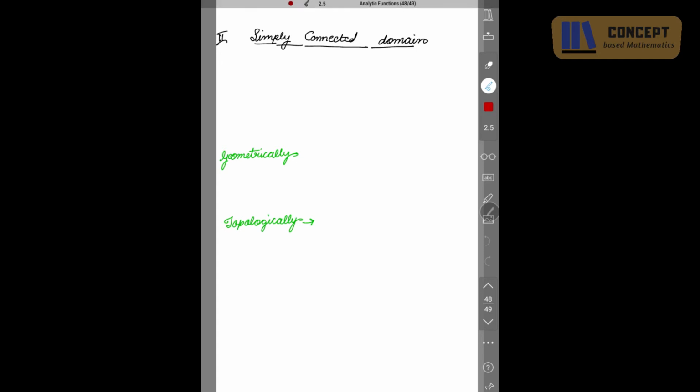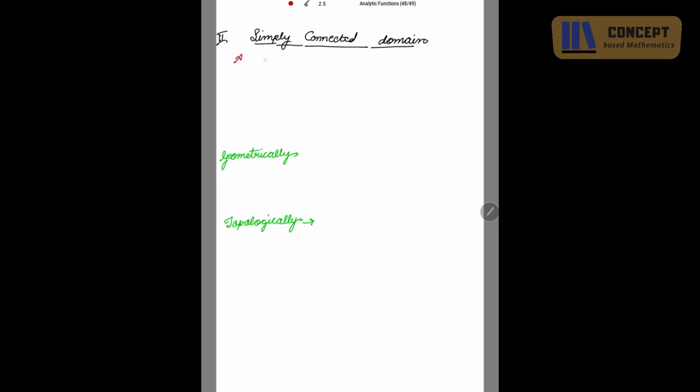Alright, simply connected domain, that is a domain D. Let's first write down the definition. A domain D is said to be simply connected if each simple closed curve contained in D, that is, if every simple closed curve of yours lies in D, contains only points of D inside.